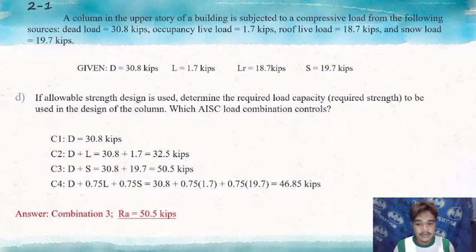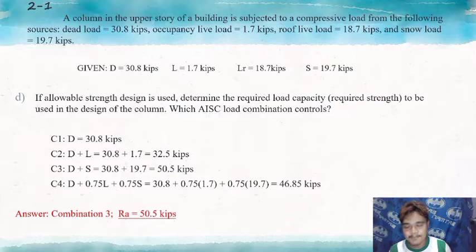Our total for combination 4 is 46.85 kilopascals. So the required load capacity for our column design is combination 3, which is 50.5 kilopascals.